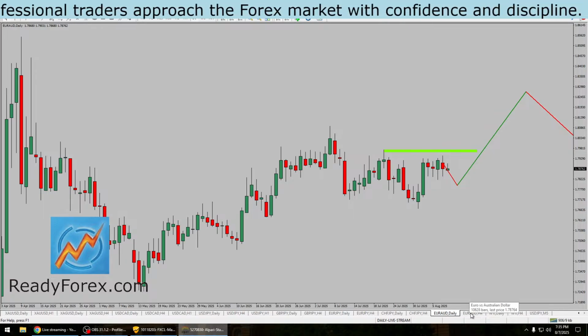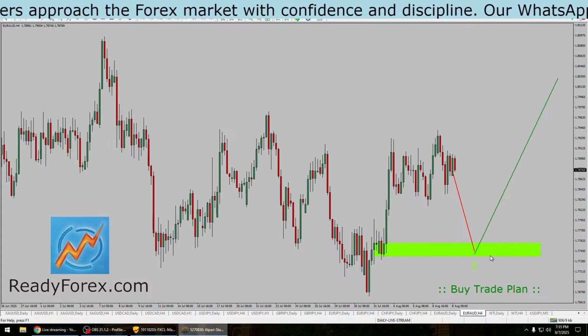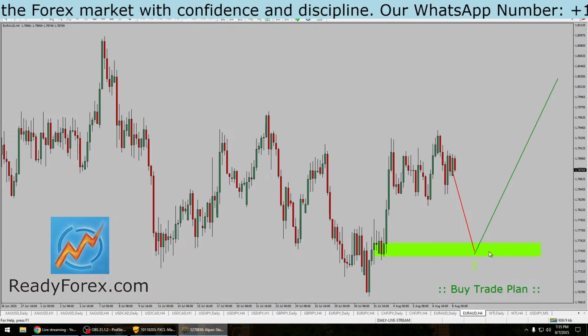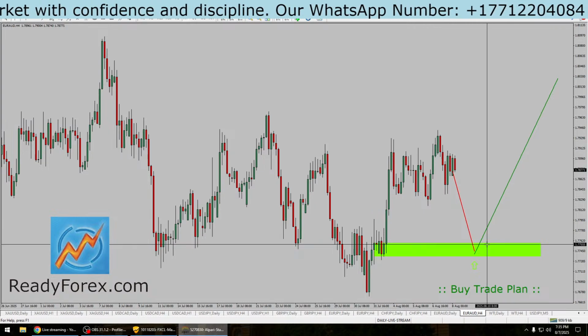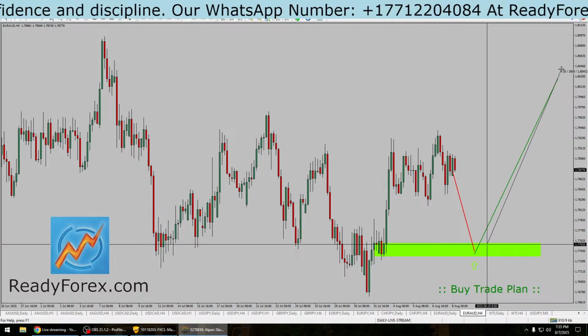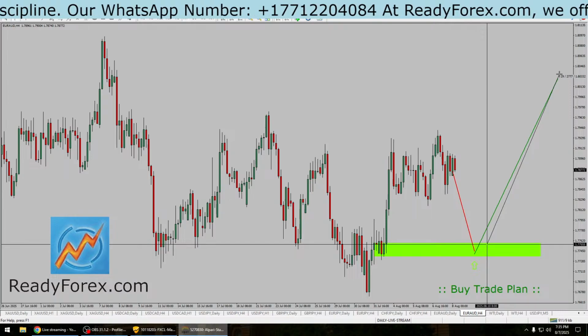Next one, let us take a look at 4-hour time frame. This is the buy trade plan over here inside Euro versus Australian dollar currency pair. The way I see market is probably going to drop first, and then from these lows you can use your own day trading strategies to try to look for a buy trade.